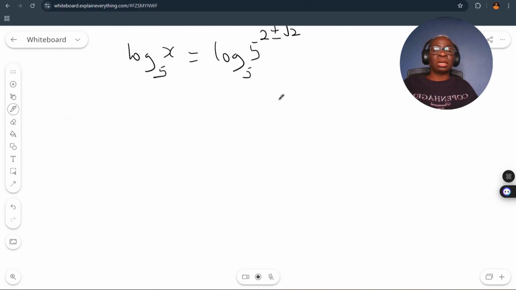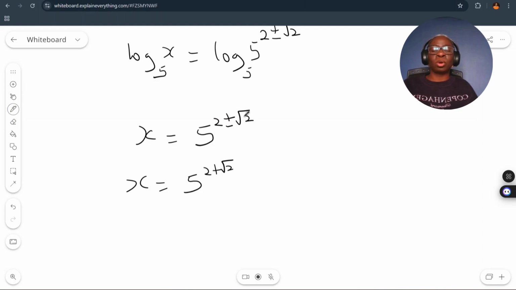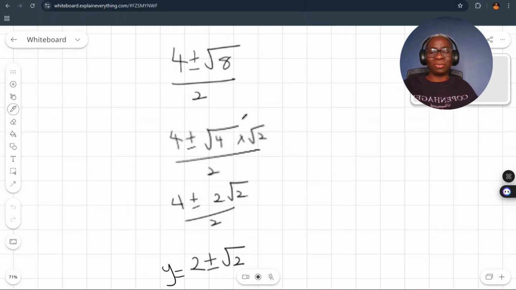So now the log base 5 can be out, and then x will be equal to 5 raised to the power 2 plus or minus root 2. So that means x is equal to 5 power 2 plus root 2, or x equals 5 power 2 minus root 2. So that is how to solve this one.